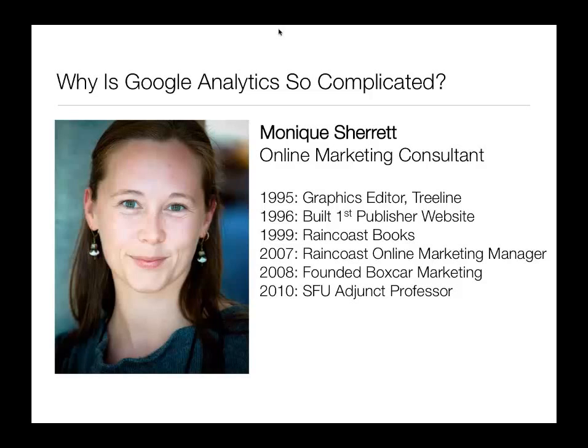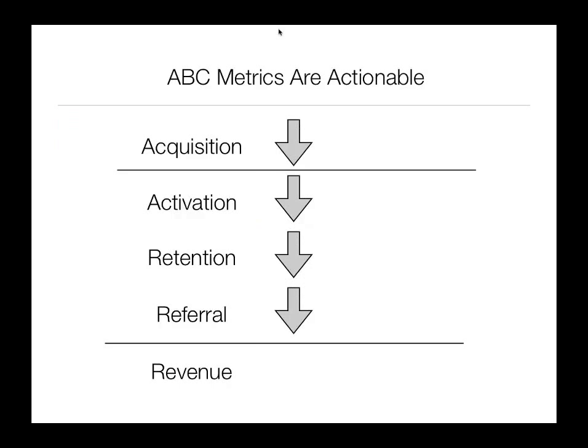So before I just launch into a live version of analytics, where we'll look at all the reports, I just want to go back to this ABC metrics idea, because what I'm really looking for are not necessarily whether the numbers go up or down. I'm looking for what actions I can take out of that. What kind of task list can I create in order to improve the performance of my website, to improve the experience people are having on the site, and to improve sales if I'm selling, or things that lead to sales, those precursors.